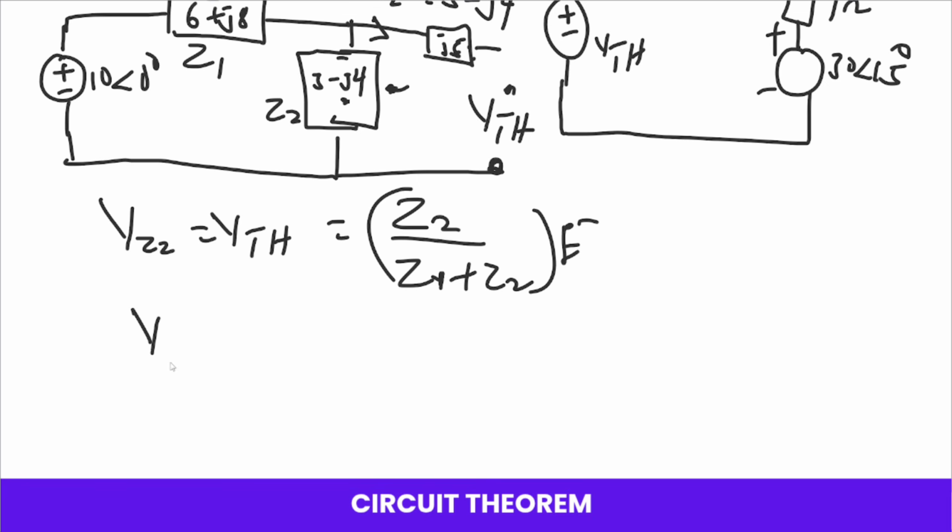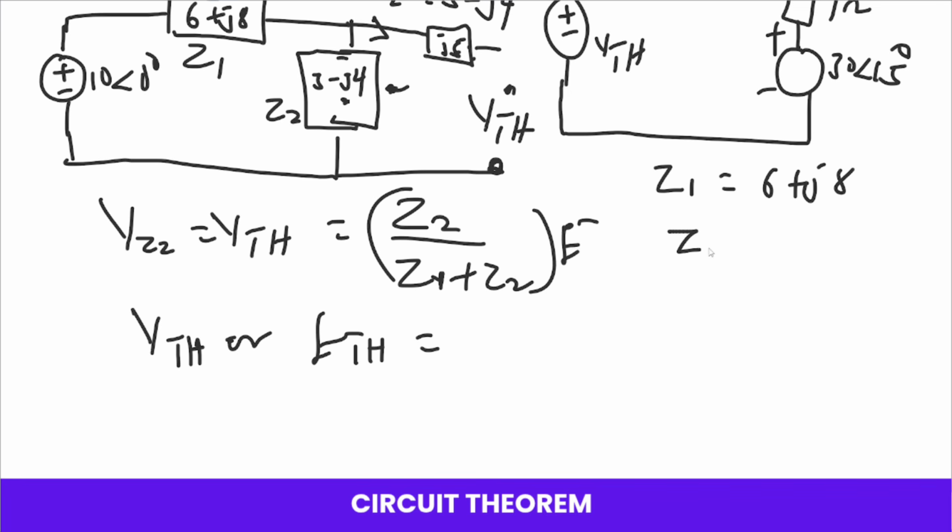Now it means that the value of ETH will be equal to Z2 over Z1 plus Z2 times E. Z1 was given as 6 plus J8, and Z2 was given as 3 minus J4.